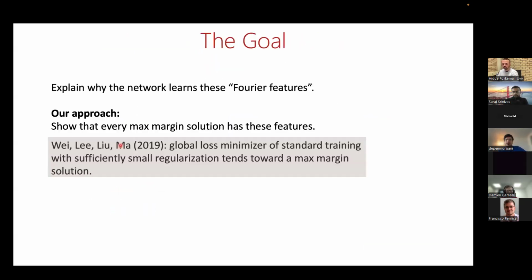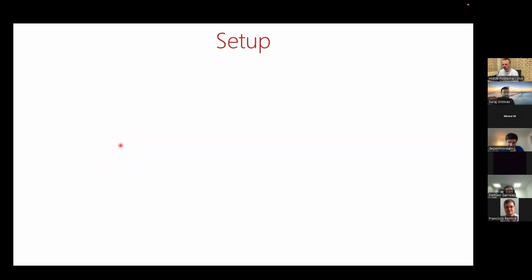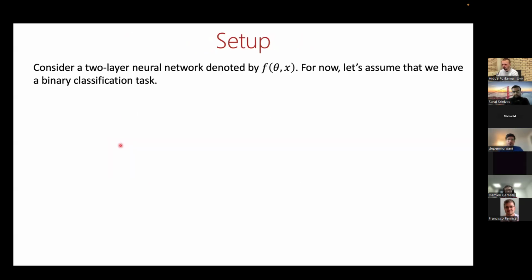So given this, let's first consider the setup. We'll consider a two-layer neural net denoted by f of theta, comma x, where theta represents the parameters and x is the input.